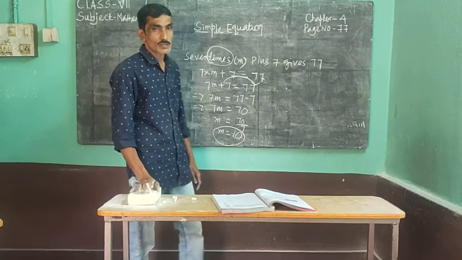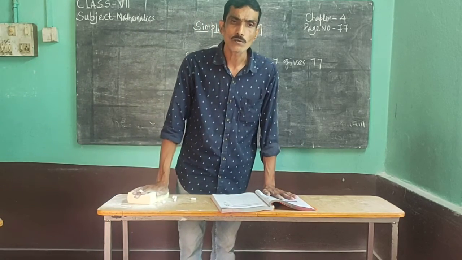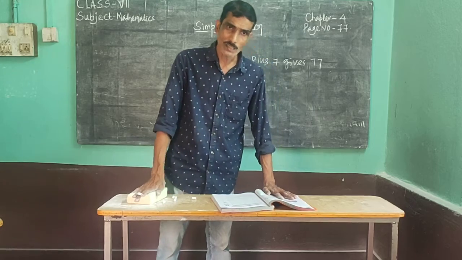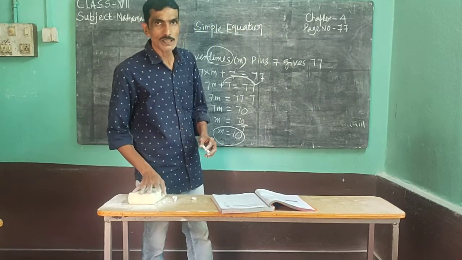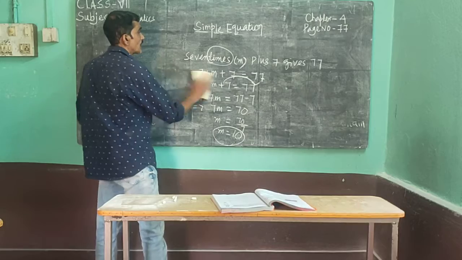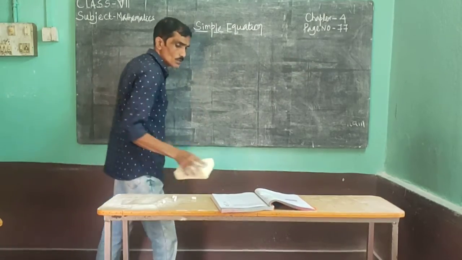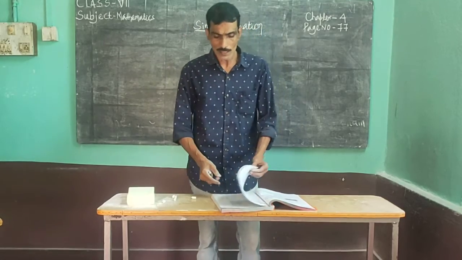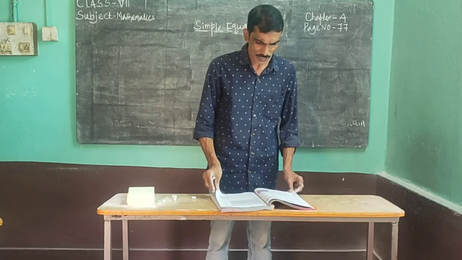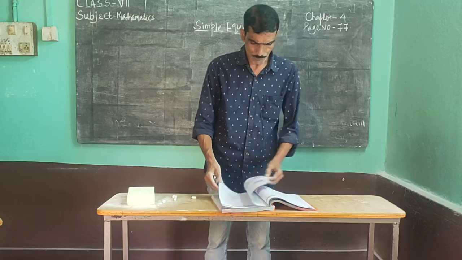Whether this answer is correct or not, again I told you, just go for the verification. You will find out whether you did it correctly or not. I hope you understood this concept. So, another word problem I am telling you. You first read the question carefully, then convert into the algebraic expression, then solve it.